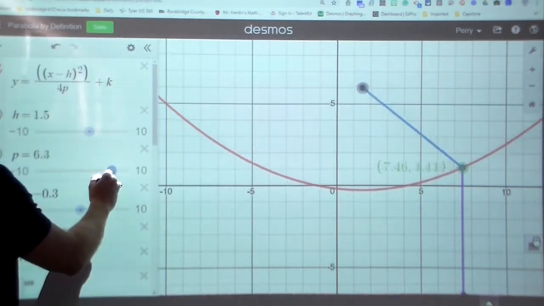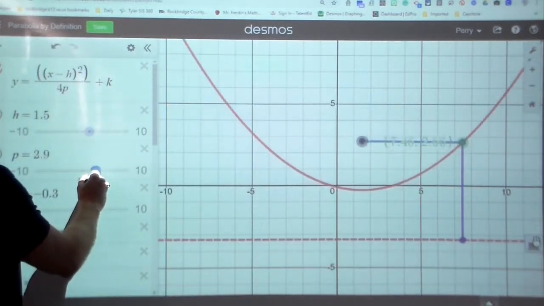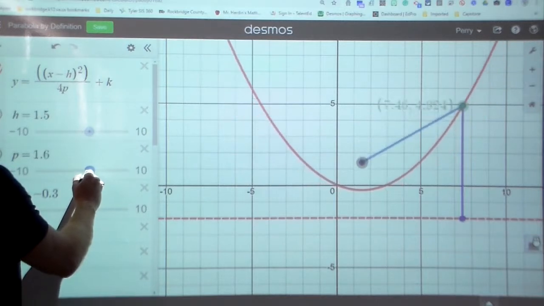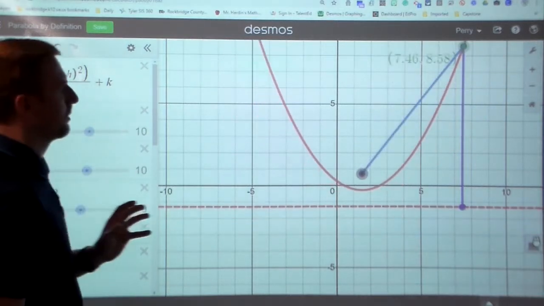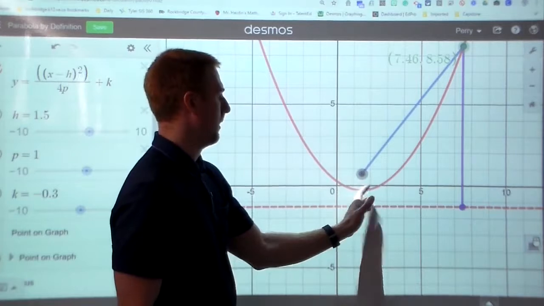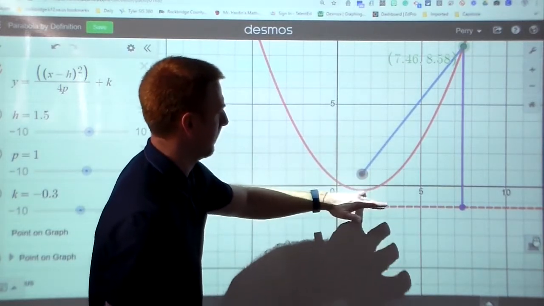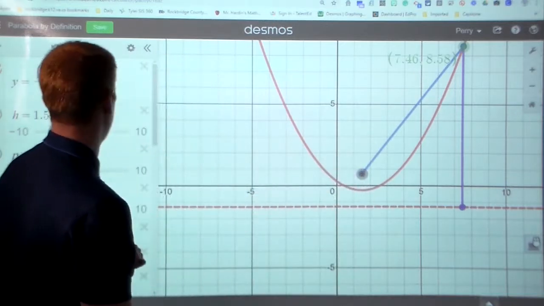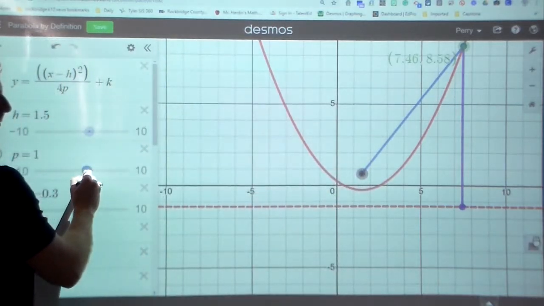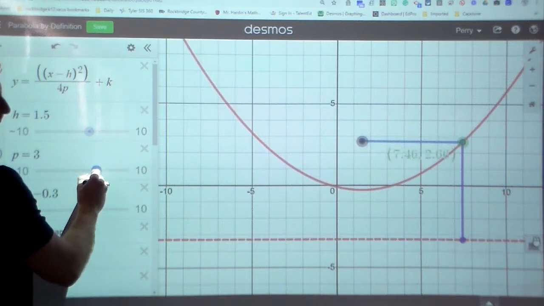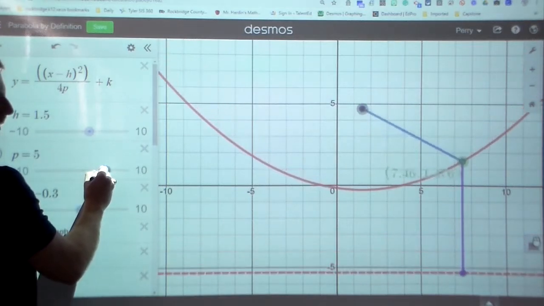If I make the parabola more narrow, so I'm changing the opening pattern, the focus gets closer and closer to the vertex. Now pay attention to how far this directrix line is from the vertex and how far the focus is. You should be noticing that they kind of mirror each other.